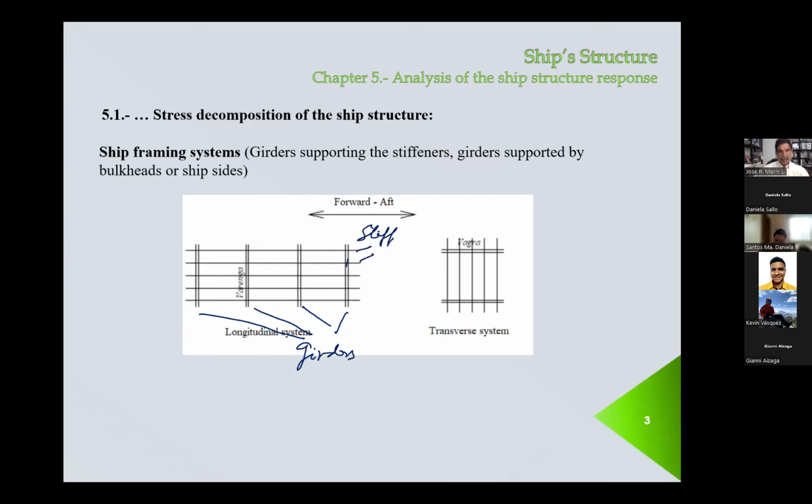So when we talk about the longitudinal framing system, the girders go in the transverse direction, and the longitudinals, which are the stiffeners, the smaller ones, go in the X direction. You see immediately that this is the spacing between girders.